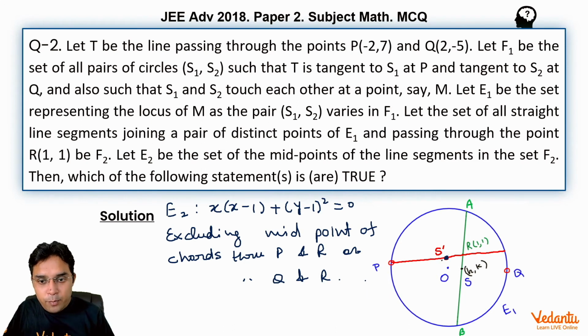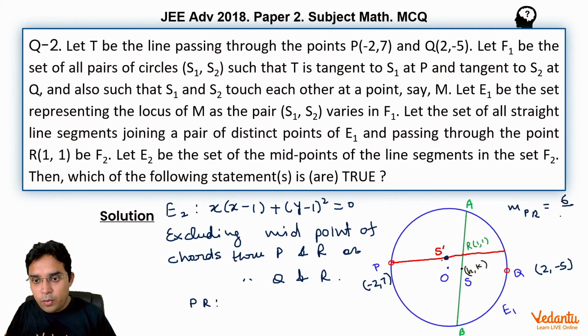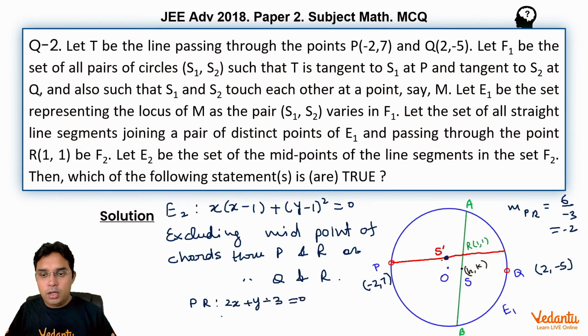Okay, now this P point is minus 2 comma 7, Q point is 2 comma minus 5. So if we write the equation of PR, I think it can be written directly, because the slope of PR will be 6 upon minus 3, that is minus 2. So the equation of PR will be 2x plus y minus 3 equal to 0.